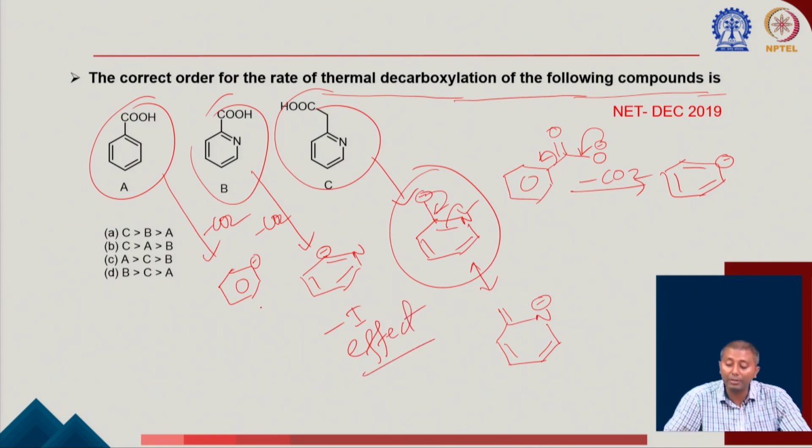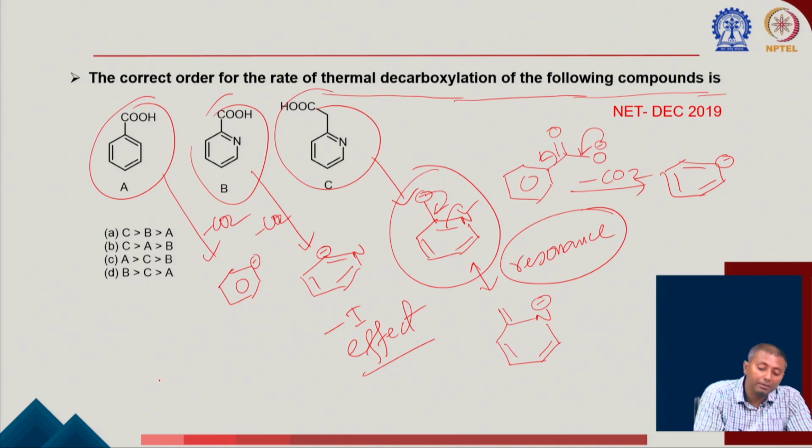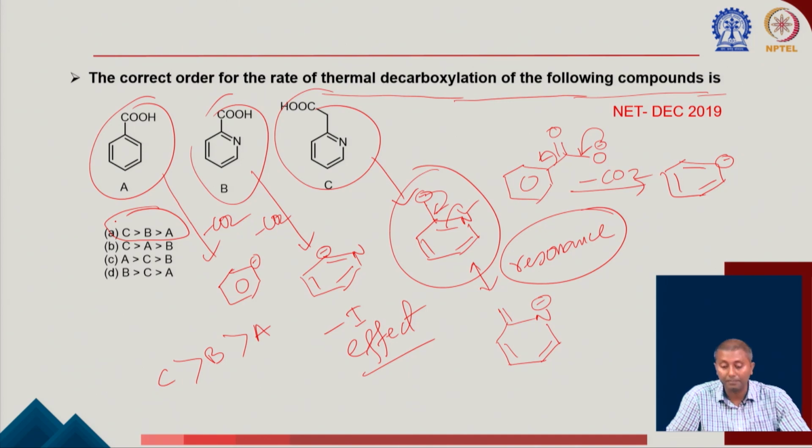So what we are seeing is the resonance effect. Resonance will have a stronger effect compared to the inductive effect. That's why C will be decarboxylating much faster compared to B, compared to A. So the correct order will be C greater than B greater than A.